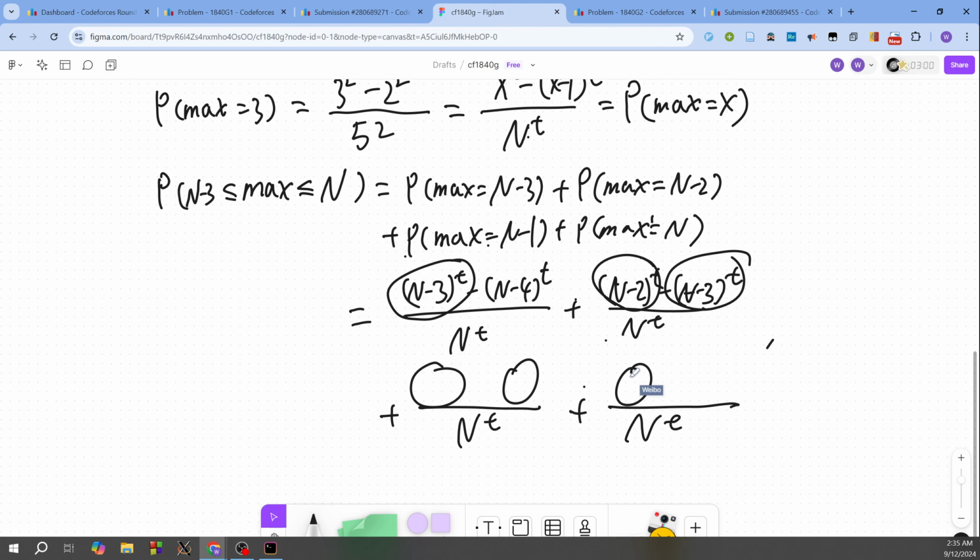So what we are left with is this one and this one, equal to n to the t's power minus (n minus 4) to the t's power, over n to the t's power.